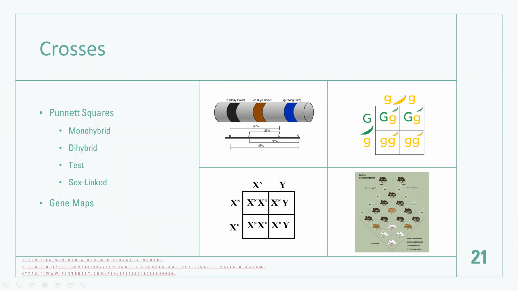You have the P generation, which is the parental, and you have the F generation, or the filial or progeny or children, that generation. We have a monohybrid cross, which you can see at the top right here. And that's just measuring the proportion of the genotype and the phenotype for one gene. So let's say the top is the male and the left side is the female.